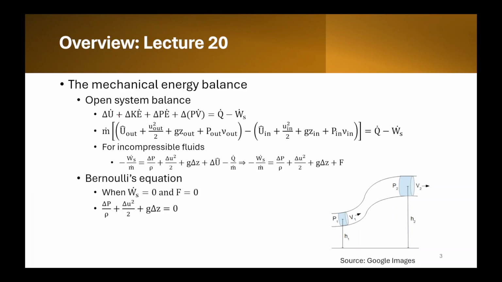If we open each of these terms and take out the common mass flow rate, this is what we get. Suppose this has units of joule per second. What we do is convert it to kg per second times joule per kg.